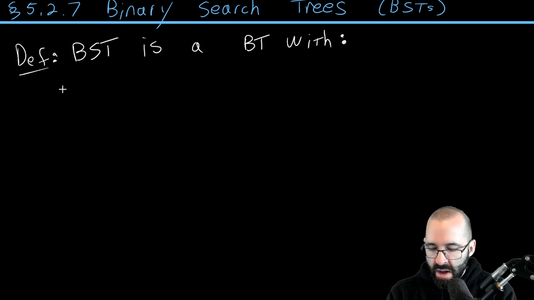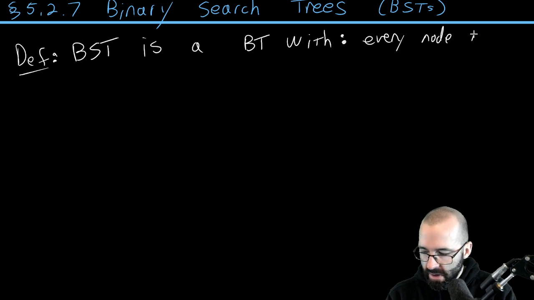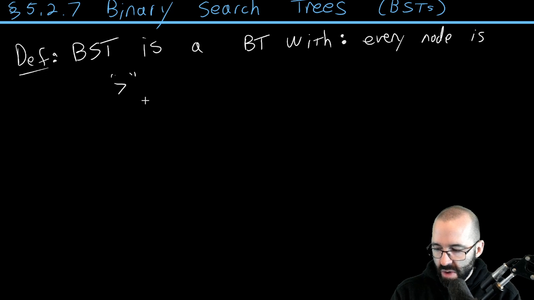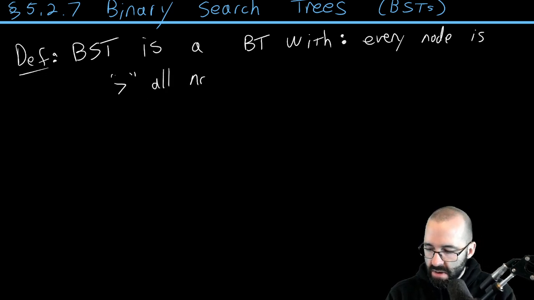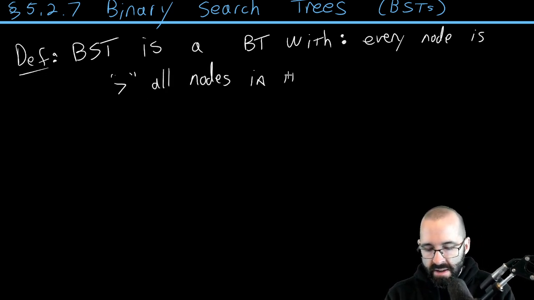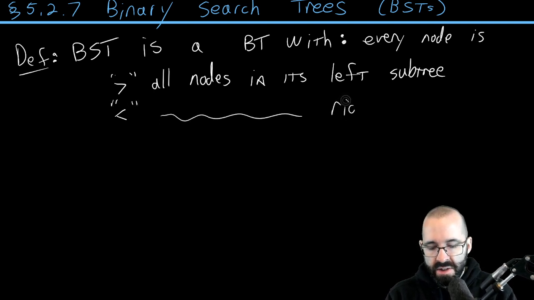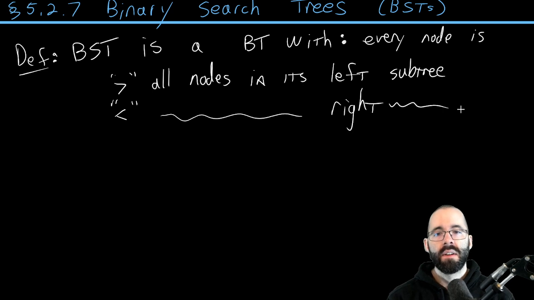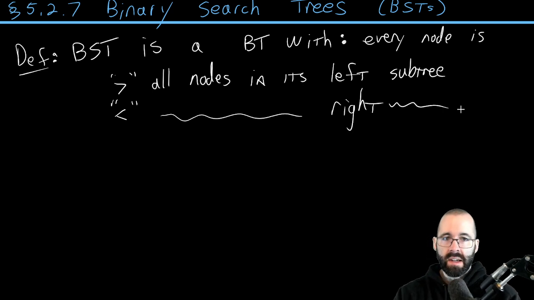Every node is greater than, in some sense, so I'm going to have quotation marks, all nodes in its left subtree and less than, in the same sense, all nodes in its right subtree. Okay, that's it. So it's just a way of sorting.